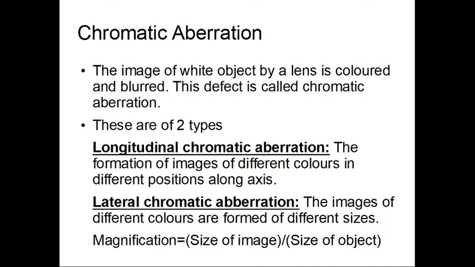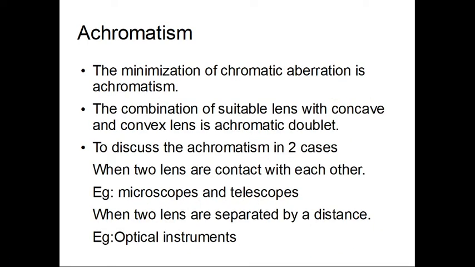Here the magnification is the size of the image by the size of the object, which is also the distance of the image by the distance of the object. To minimize this chromatic aberration, we use achromatism.